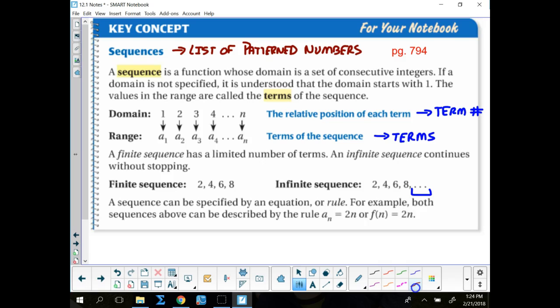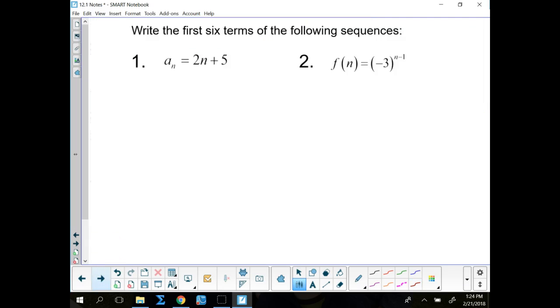Simple instructions say write the first 6 terms of the following sequences. I am going to put 1 in for n, because n is my variable in this particular sequence.